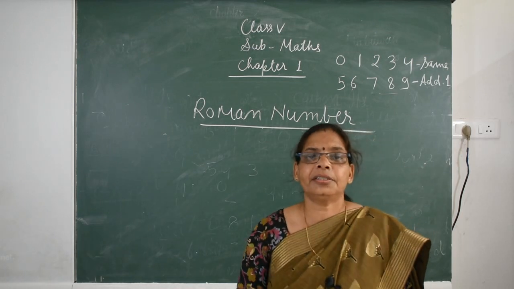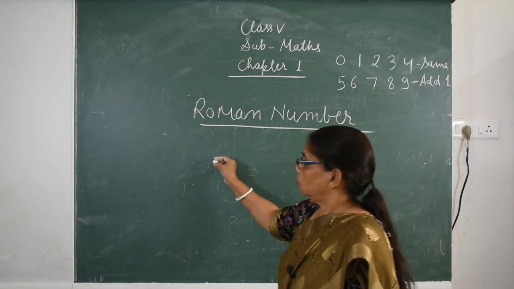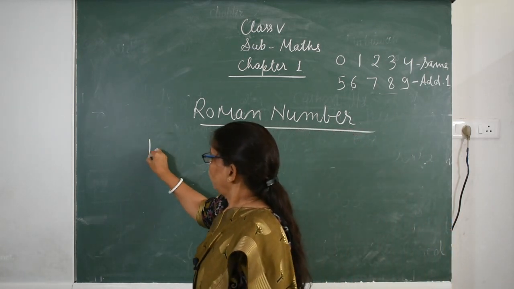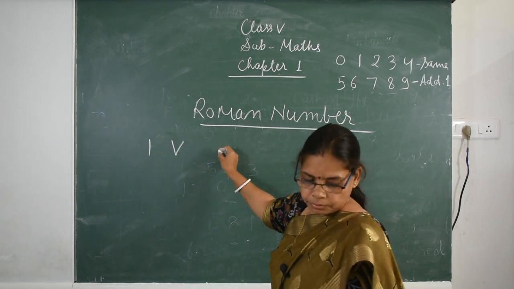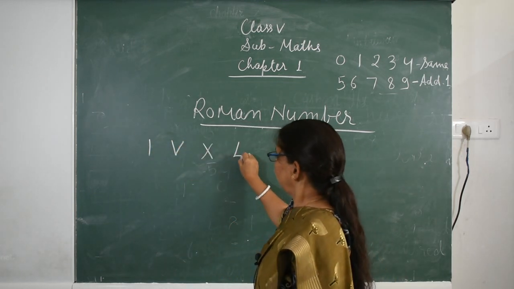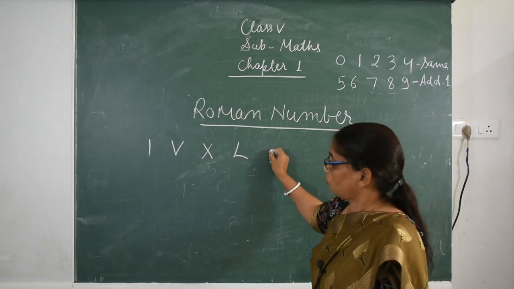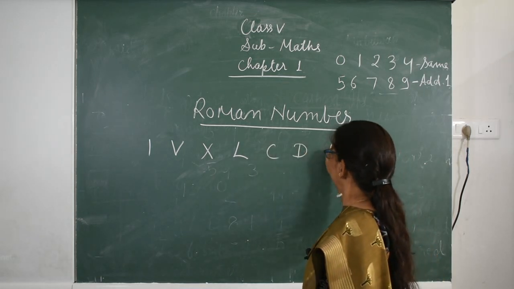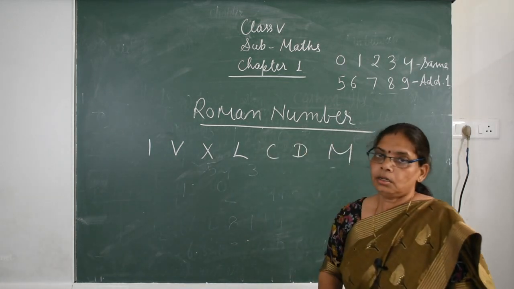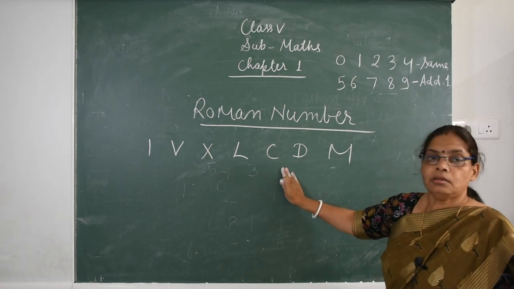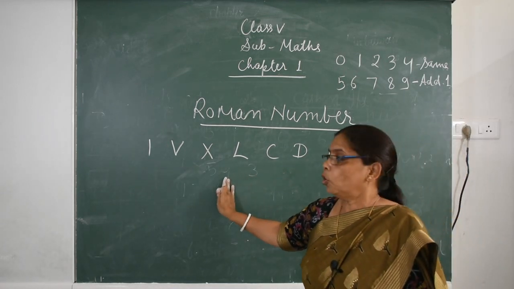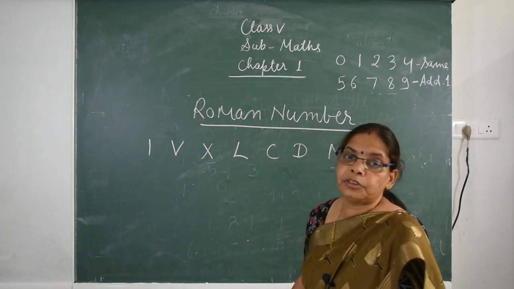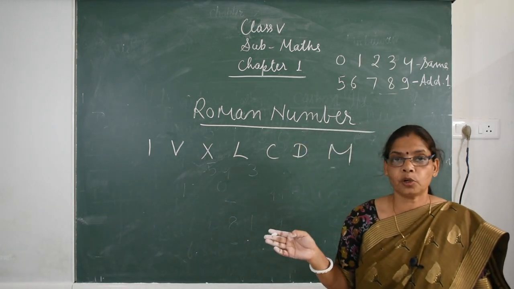All these are the 7 basic symbols in Roman numbers. So these 7 are the basic symbols of Roman numbers. These numbers you have seen on the clock and in front of your classroom.